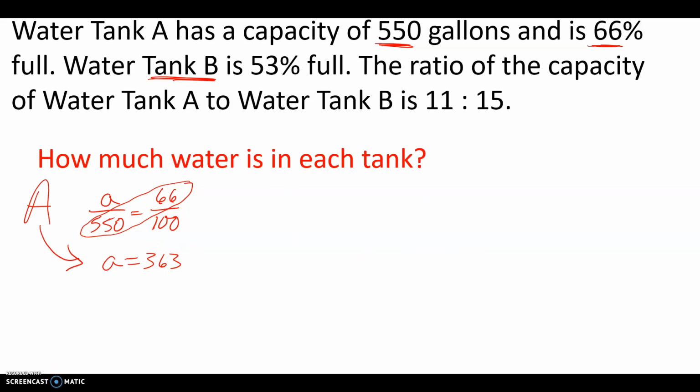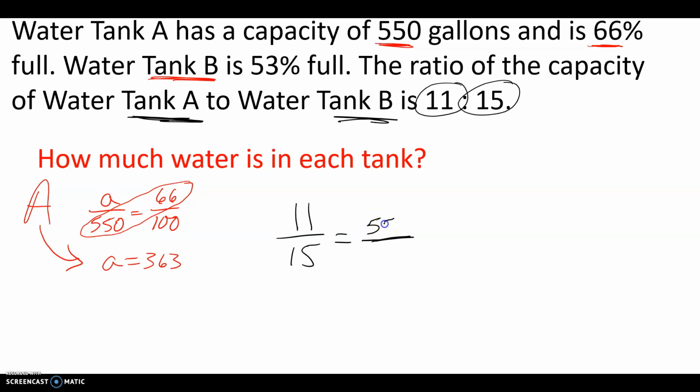Now, for tank B, it's a little trickier because they don't tell us the total amount. For tank B, it tells us we have a proportion of 11 to 15. So we set up the proportion 11 to 15 equals, and then we look at how much water was in tank A. That was 550.